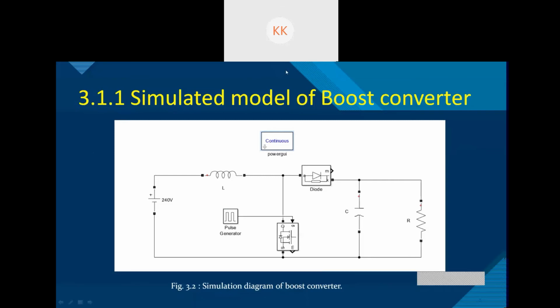I was asking about switching frequency. Yes, 75 kilohertz. Which switch are you using there? Is there a complementary switch or not in your boost converter? Yes, sir.